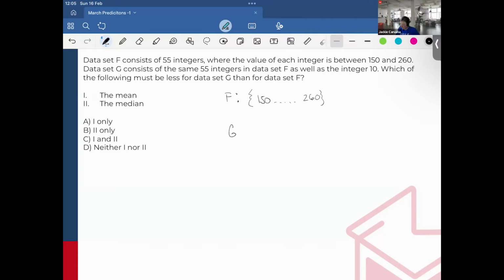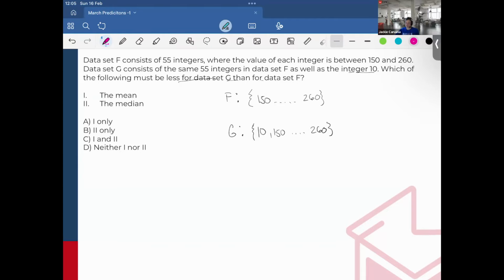And then data set G consists of the same integers as well as the integer 10. So it has like 10, 150, and then goes up to 260. Which of the following must be less for data set G than for data set F?